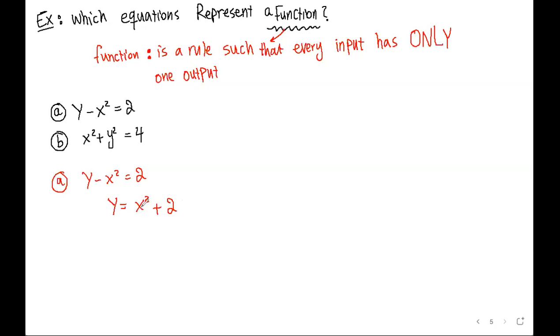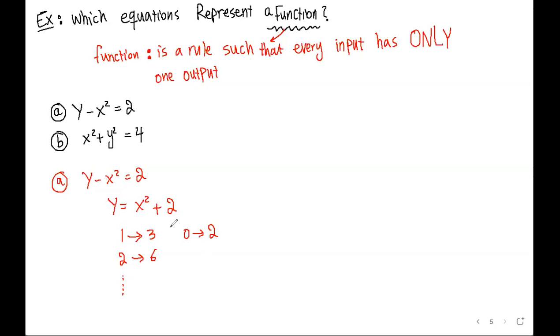If I plug in 1, 1 squared plus 2 gives me 3. If I plug in 2, 2 squared is 4, plus 2, 6. And the same for all positive numbers. And for 0, 0 squared is 0, plus 2, gives me 2. One output.